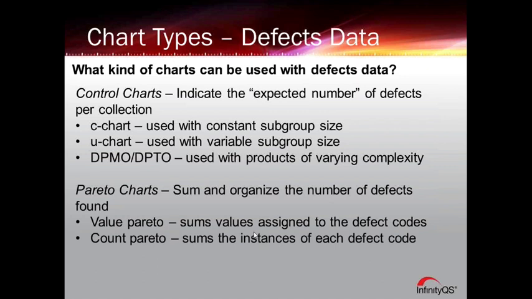One of the examples you'll see on my product, I'm going to be looking for critical defects, major, minor, cosmetic, and maybe I can say a critical defect is very, very important, and a cosmetic defect, while I'm not happy about it, is less significant. I can assign different values to each of those defect codes, and so my Pareto will be scaled accordingly based on those different values assigned to the defect codes.